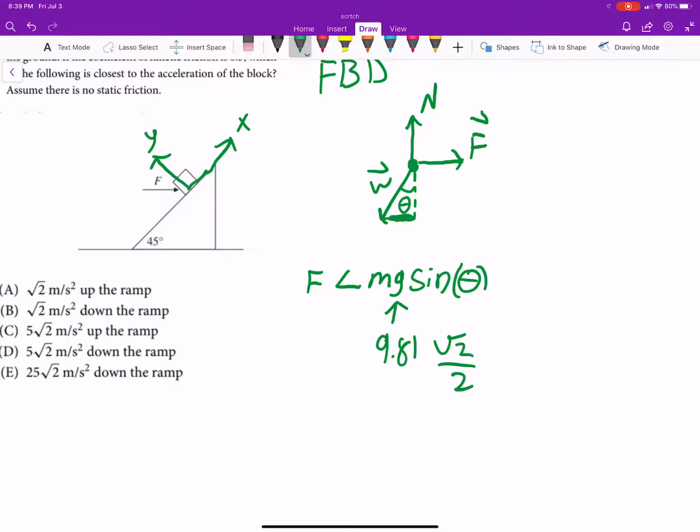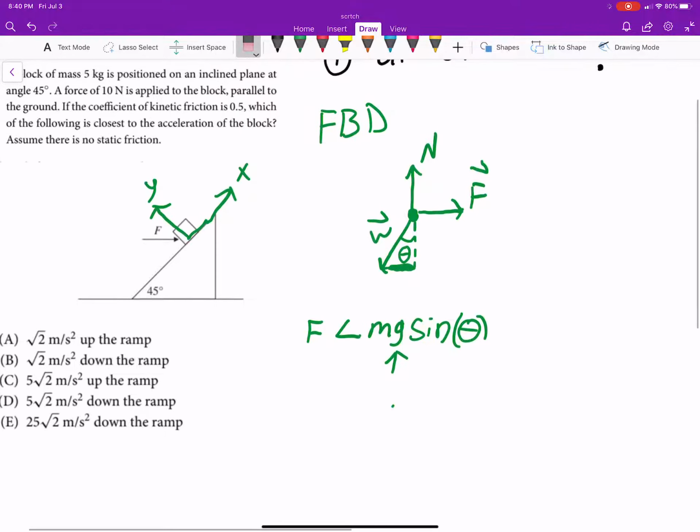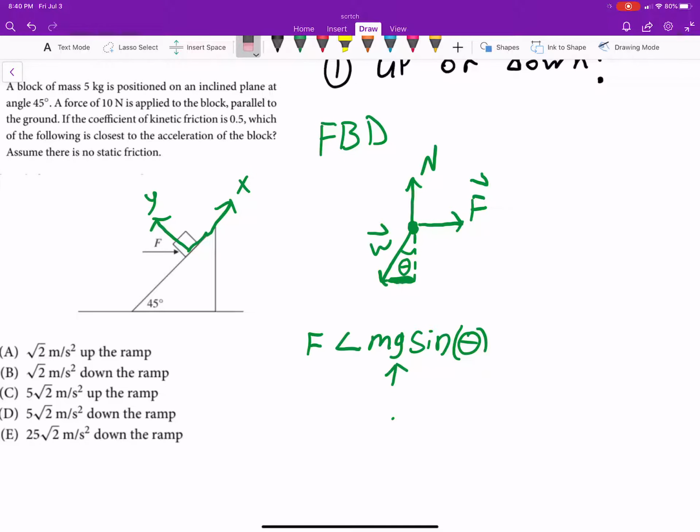I'll even plug it in here if I can find my calculator. What was the mass? The mass was 5, times 9.81, times root 2 over 2. You can kind of tell that 5 times 9.81 ends up being about 35. It's like 34.6.